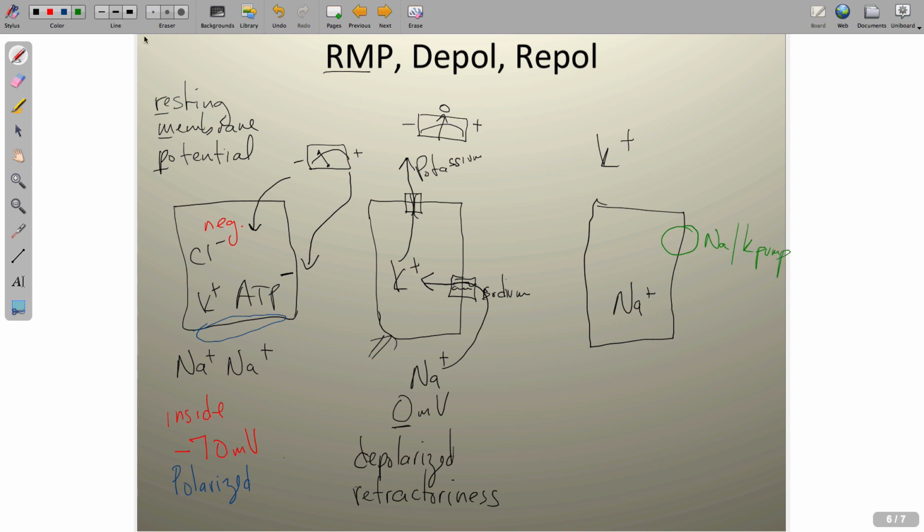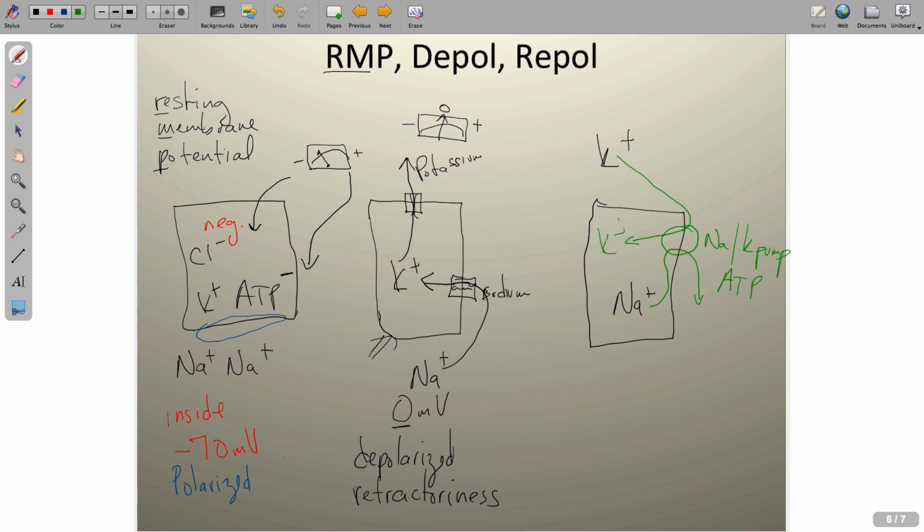Of course, the sodium-potassium pump is going to require energy because it's going to move ions where they don't want to go. It's going to use ATP. This pump is going to take this potassium, bind it, and dump that potassium back into the cell. It's going to take the sodium that's inside the cell and push it back outside the cell.